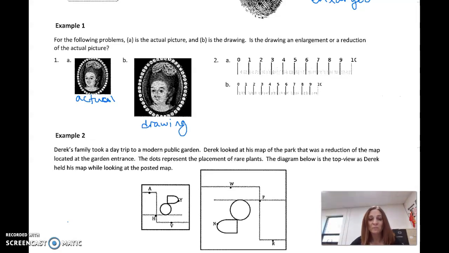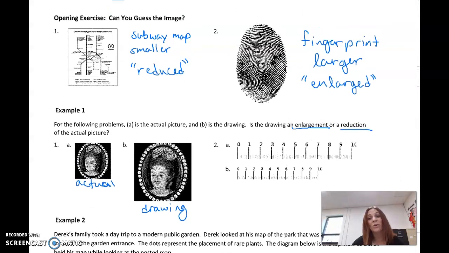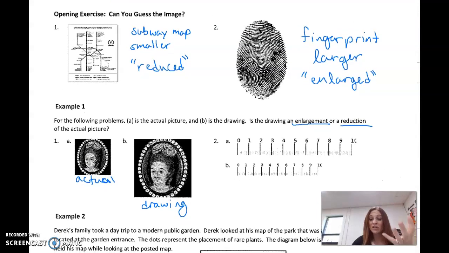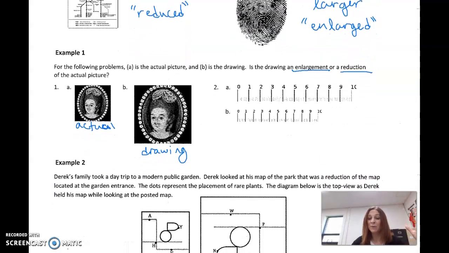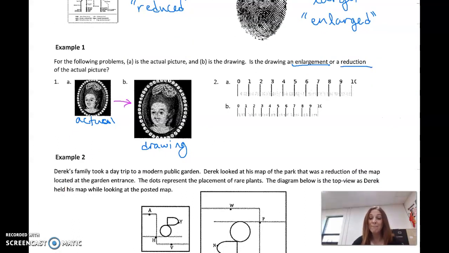It wants to know if this is the actual size, is the drawing an enlargement or a reduction? Notice up here how I use the words reduced or enlarged. A reduction is made smaller, an enlargement is made bigger. So to go from the actual to the drawing, we made it bigger. So this would be called an enlargement.